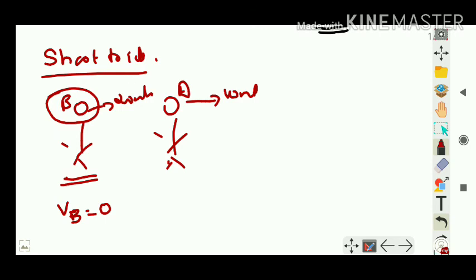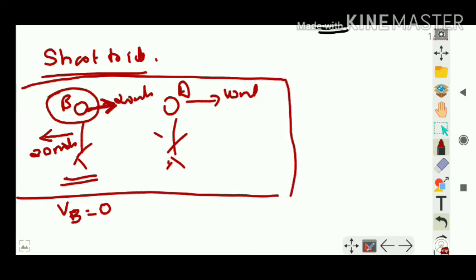This is a vector, so if the velocity is 20 meters per second in this direction, I am going to give a minus 20 meters per second to B. Take this entire system, guys, I'm just giving a short trick. If I am adding 20 in this direction for B, then to balance the system I have to add 20 meters per second for A also.